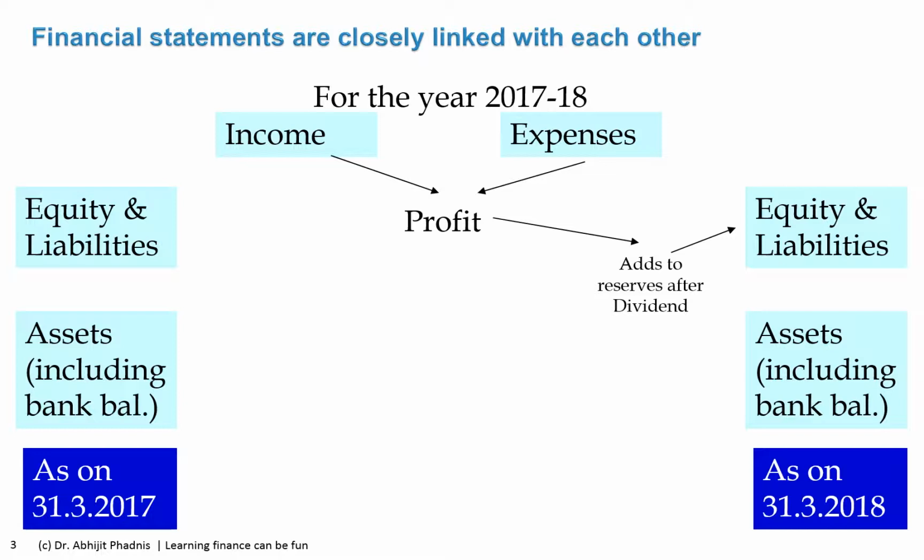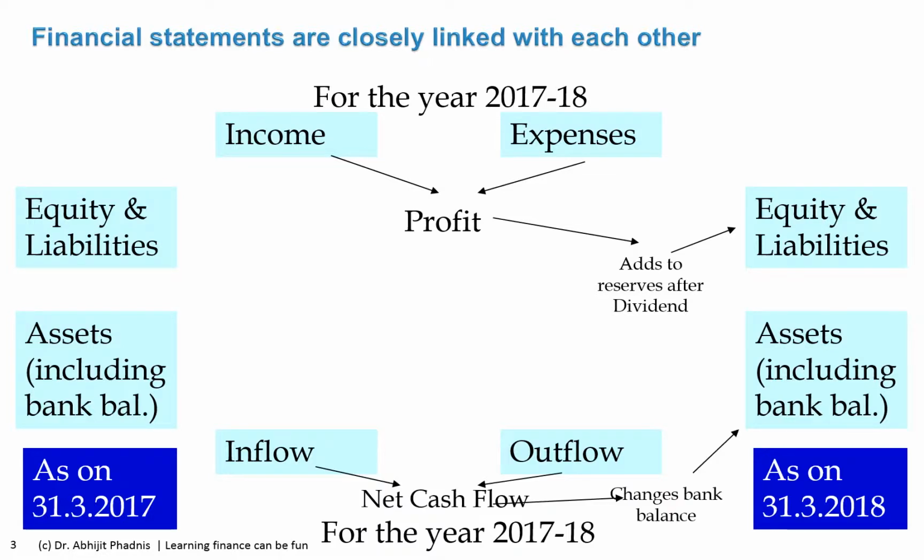At the same time, during the year 2017-18, we also had inflow of money and outflow of money, isn't it? Which, as we discussed in one of the earlier videos, is captured on the cash flow statement. So the inflow minus outflow for the year, for whatever reason those inflows and outflows may be, whether it was operating, investing or financing, the net result is the net cash flow for the year 2017-18, and that changes the bank balance.